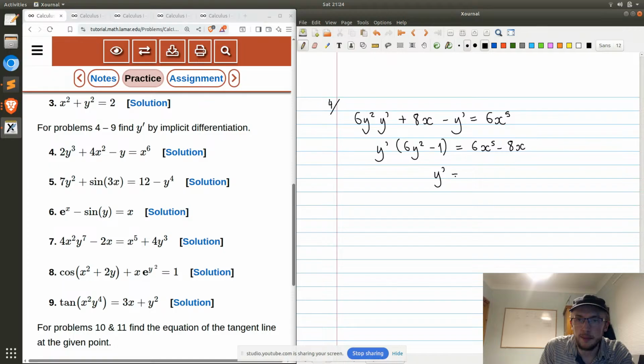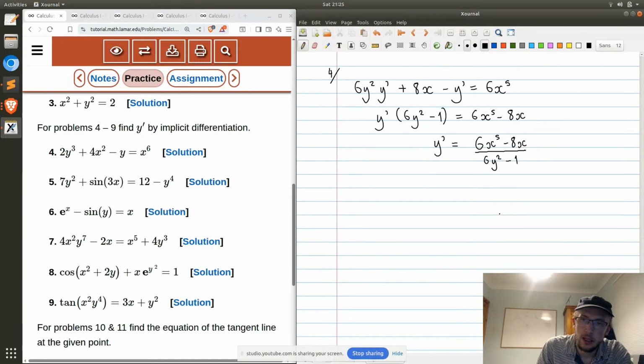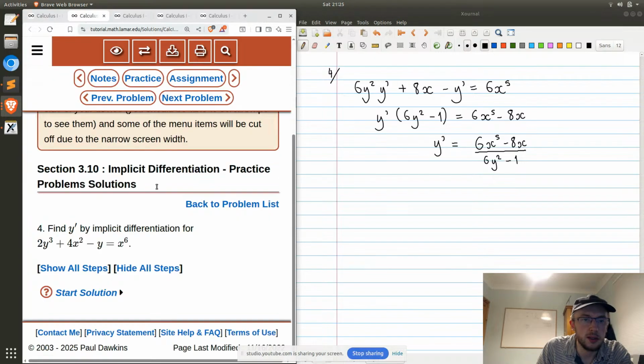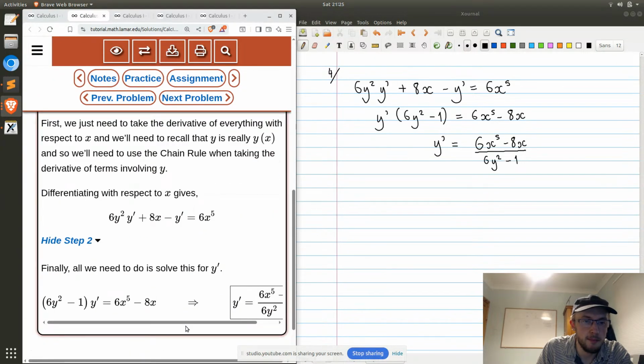And so y prime would equal 6x to the 5 minus 8x over that, I believe. And we could factor out 2x on the numerator if we so wished, but there's no real need to do that. But let's see. Okay, that's correct. That's good.